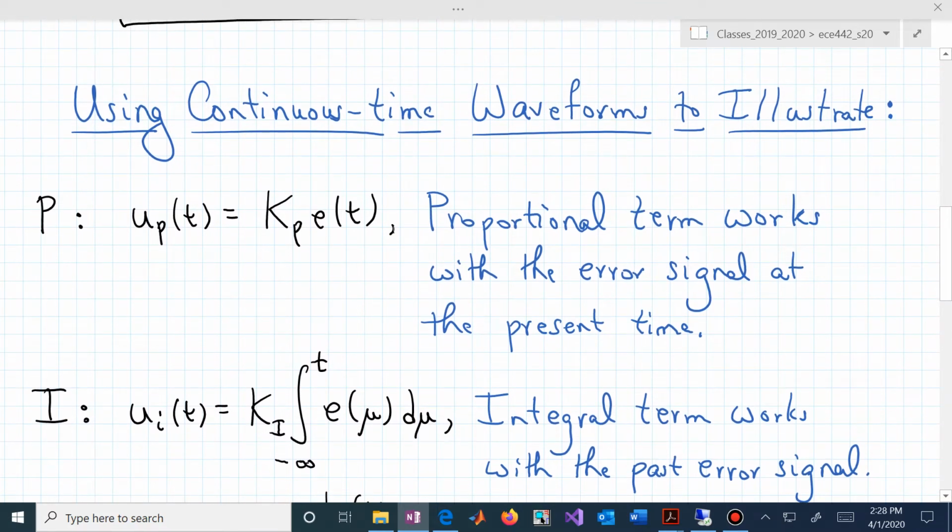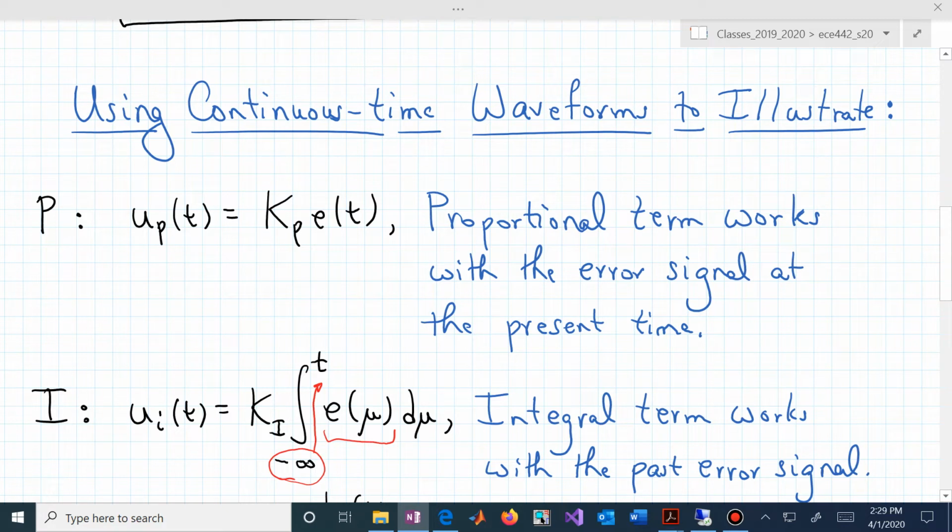The integral term, U sub I, is now actually integrating. And look at what it's doing. It's taking not just the current value of the error, it's actually integrating from wherever we began in time, minus infinity, up to the present time, t.